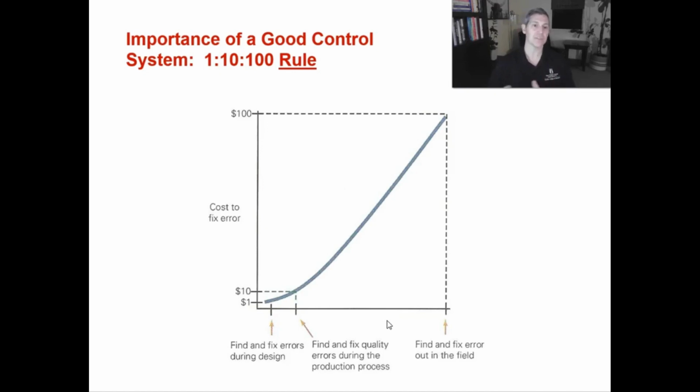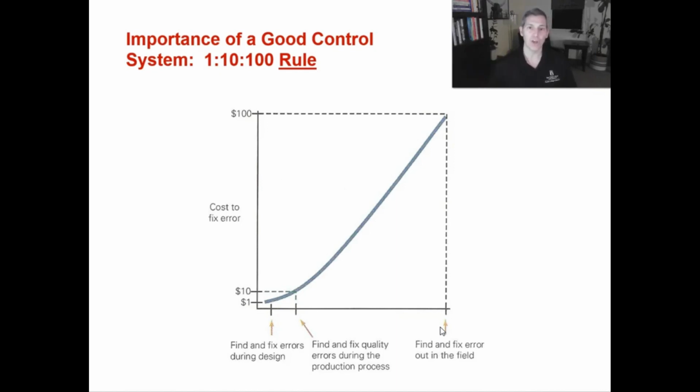You're finding that something is wrong while you're manufacturing it, so you fix it before it ever gets to your customers. And then with the 1-10-100 rule, you can see at the very top here, when you find and fix an error out in the field, that's the equivalent of your external failure cost. So with quality control, you want to try and catch problems as early as you can. You want to improve quality at the source so that those defects do not make it out of your facility.